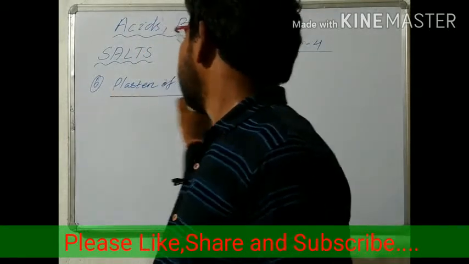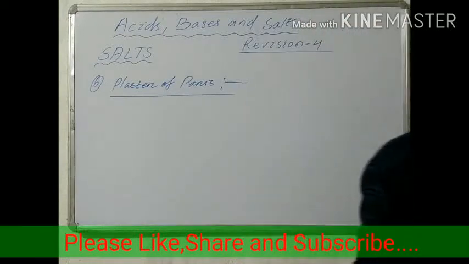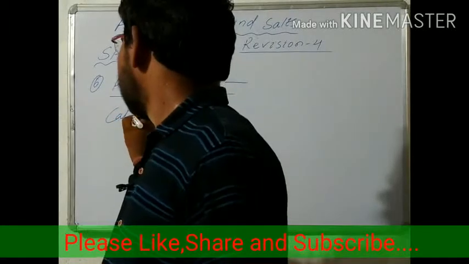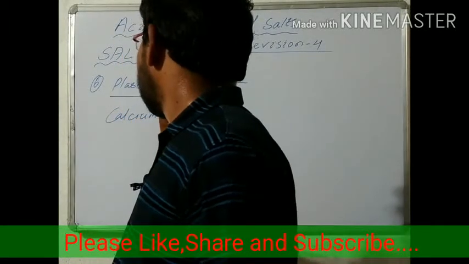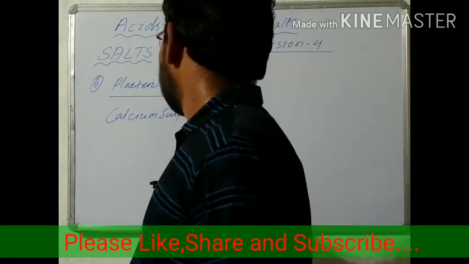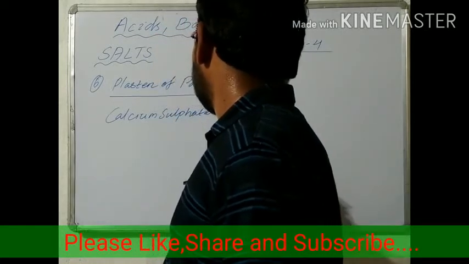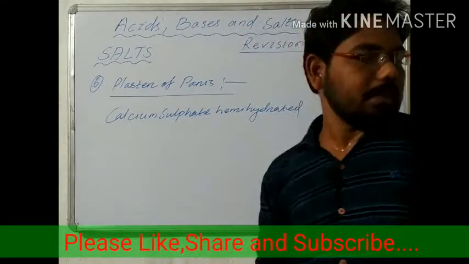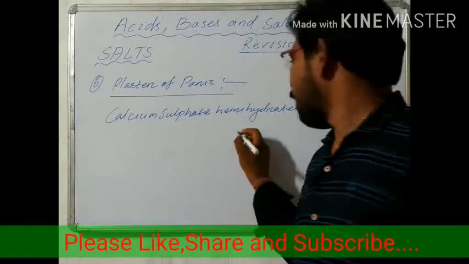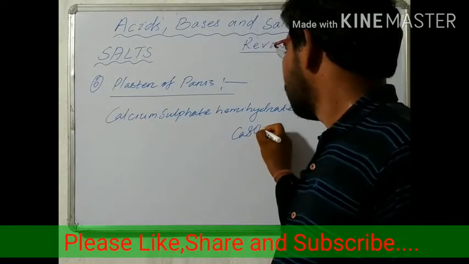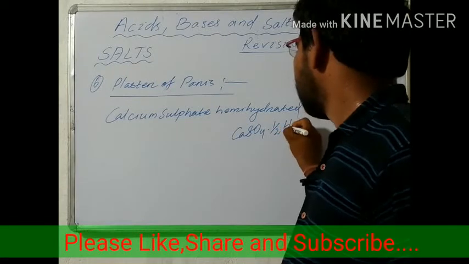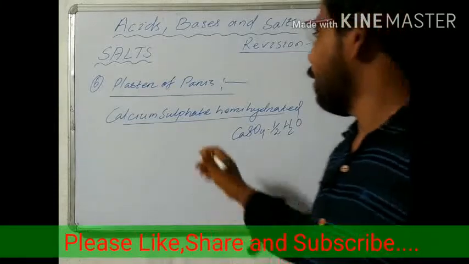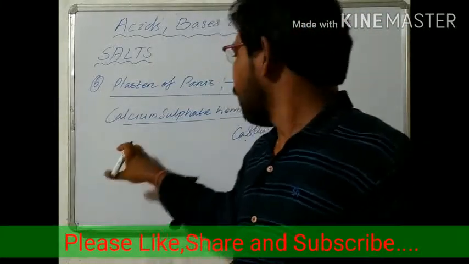Plaster of Paris is a most important salt, and its chemical name is calcium sulfate hemihydrate, and its formula is CaSO4 dot half H2O. It is most important because questions will come on its formula and chemical name. Plaster of Paris, chemical name calcium sulfate hemihydrate.